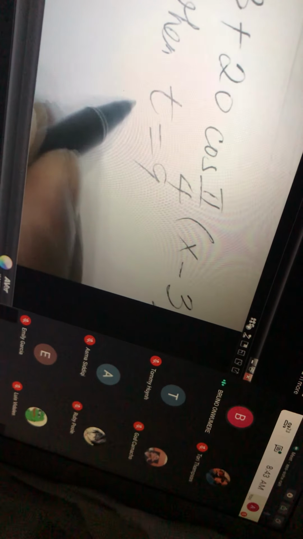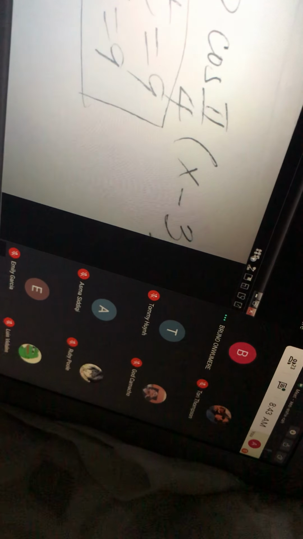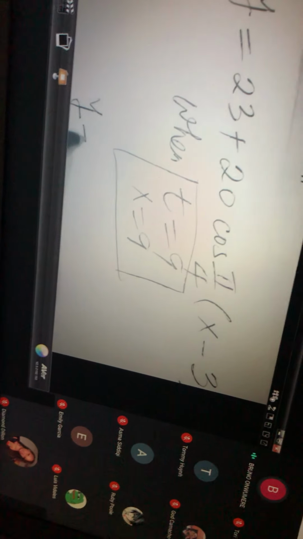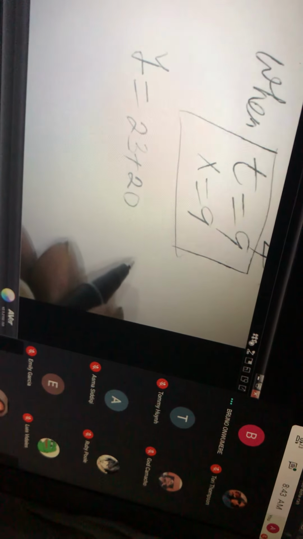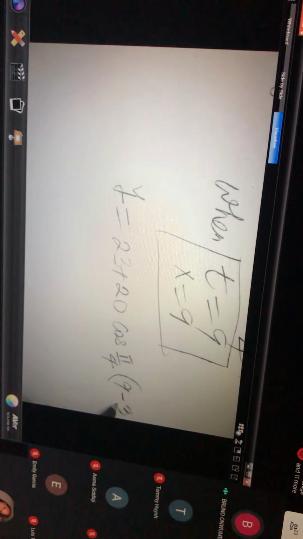That means when x is equal to 9. They're all the same thing here. Yes? Now, to do this, y is equal to 23 plus 20 cosine of pi over 4 times (9 minus 3).